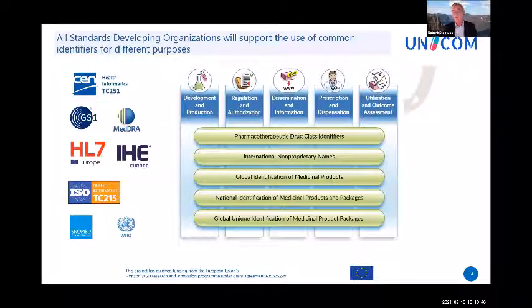And if you look at the pharmacotherapeutic drug class identifiers, that's much more for the pharmacovigilance and the overall use outcomes and uses data that's being collected at the population level. So the different objectives, the different uses require different types of identifiers that need to be correlated.